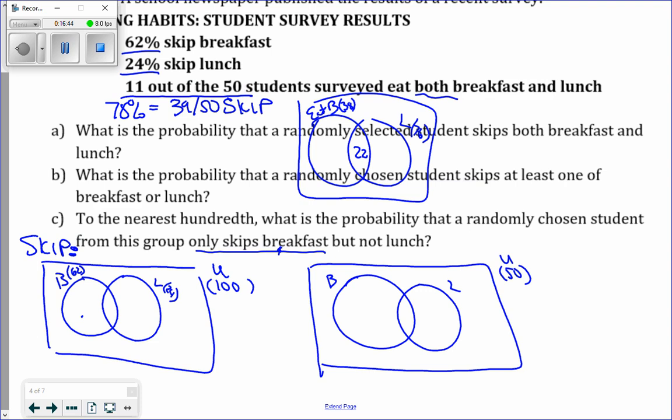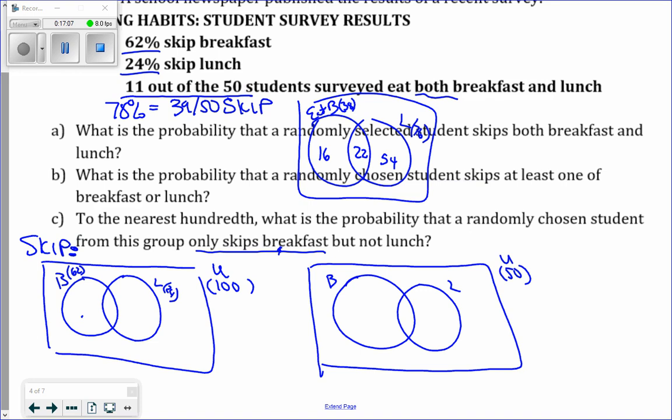So you either want to do the diagram for everybody eating breakfast. So it would be 100 minus 62, 100 minus 24. So 38%, 76%. And then 11 out of 50 eat both, so that would be 22%. So the eating one worked. So 38 minus 22 is 16. 76 minus 22 is 54.